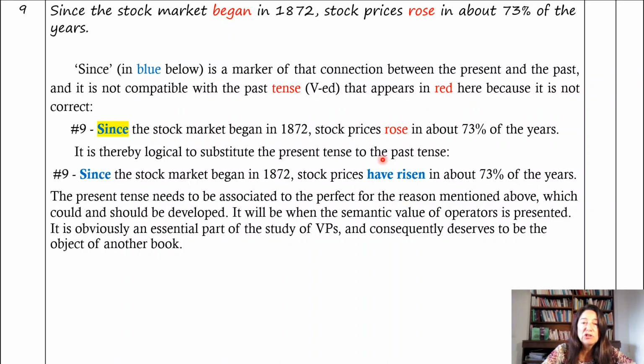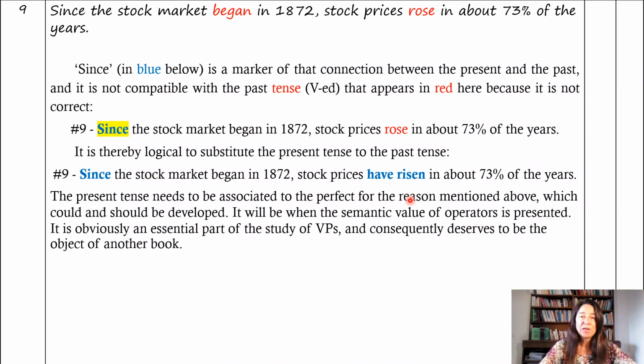Instead, we need to use the present perfect. We need to use the present perfect, and the present perfect can be considered as one of the 4 different forms that the present tense in English can take, which will be obvious once you have studied the verb matrix.